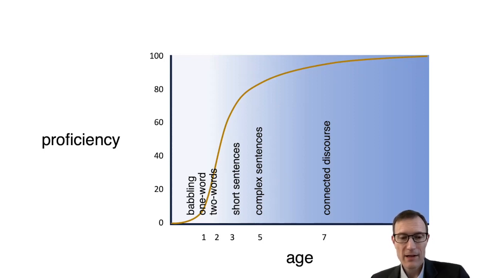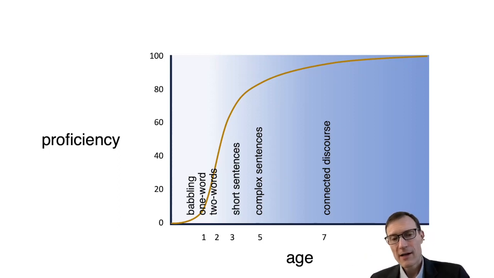And then after a few months, they begin to babble and maybe imitate some of the sounds that mom and dad or brothers and sisters or whoever makes. And then once they get to be about 1 year old, they begin to produce some single word utterances.